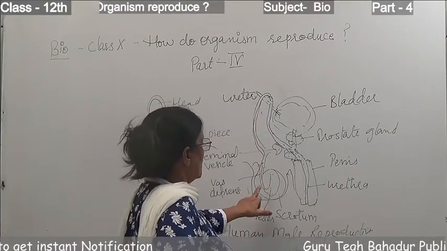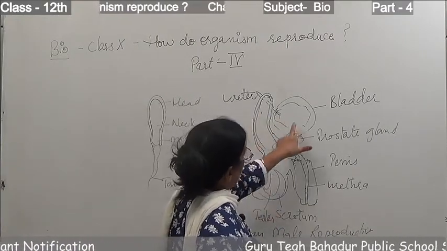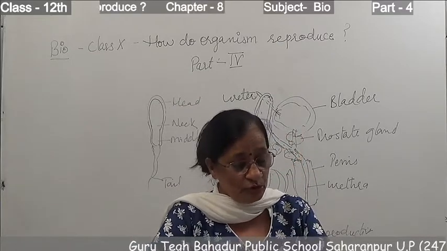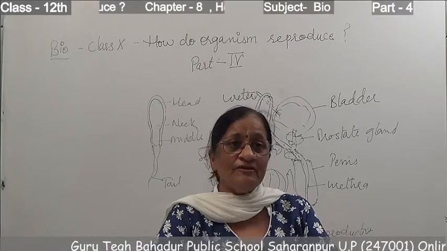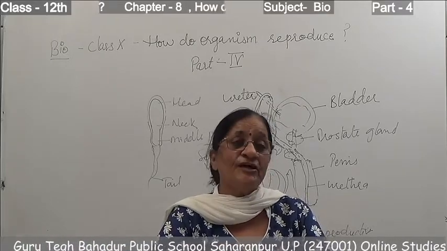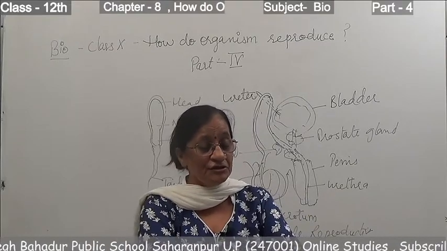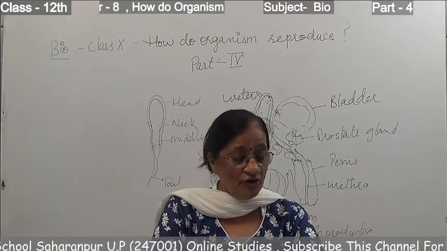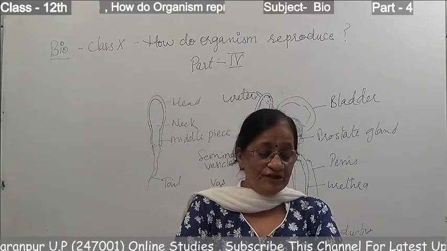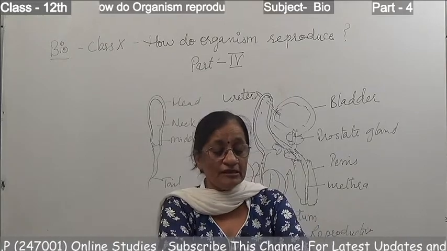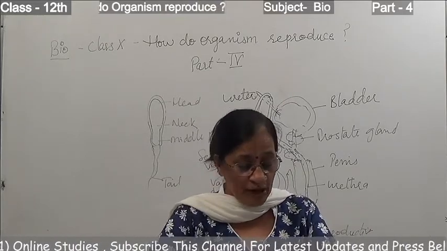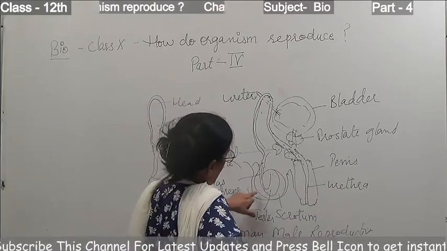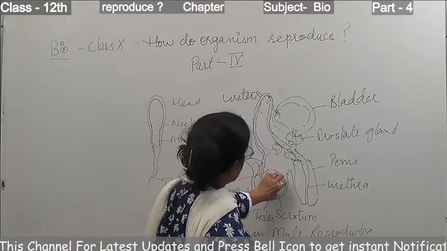When they pass from the testis through the seminal vesicle and prostate gland, both of these glands add their secretion so that the sperms are now in a fluid medium, which makes their transport easier and also provides nutrition to them. So, you can see in the diagram again that sperms are formed in the testis.